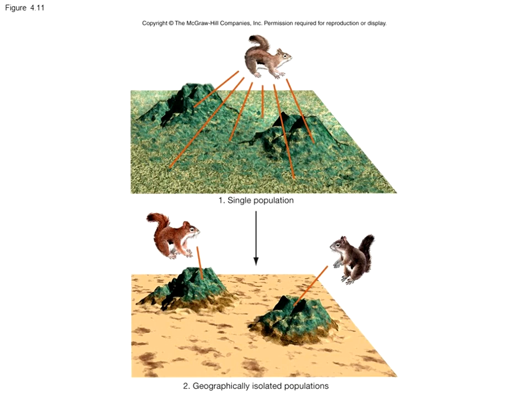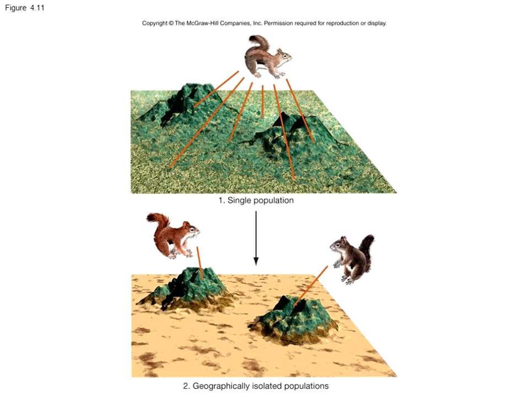So an example is shown here. During cool, moist glacial periods, what is now Arizona was forest covered and squirrels could travel and interbreed freely. But as the climate warmed and dried, desert replaced forest on the plains. So squirrels were confined to cooler mountain tops, and they kind of acted like islands, in other words, refugia, where the species were isolated.